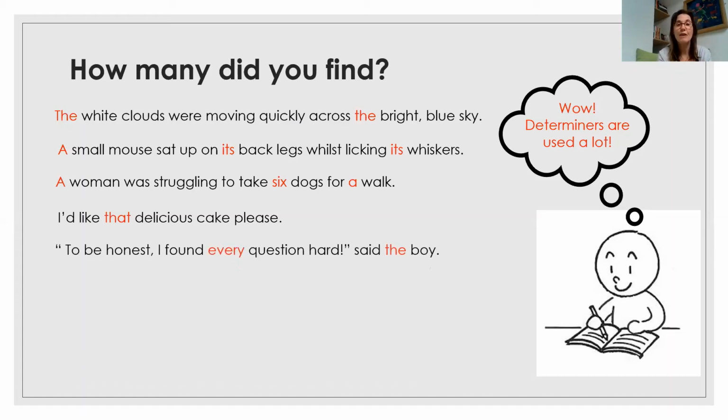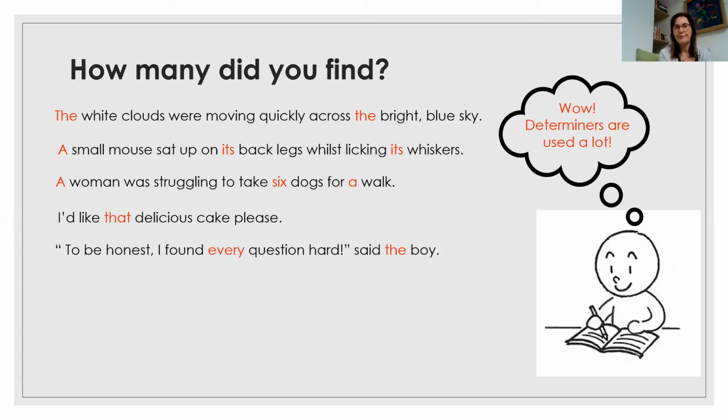To be honest, I found every question hard, said the boy. Let's see if we can spot the nouns. It's question, and boy, a boy. We know that they are nouns because you can put a or the in front of them. So, what's the word that comes before question?